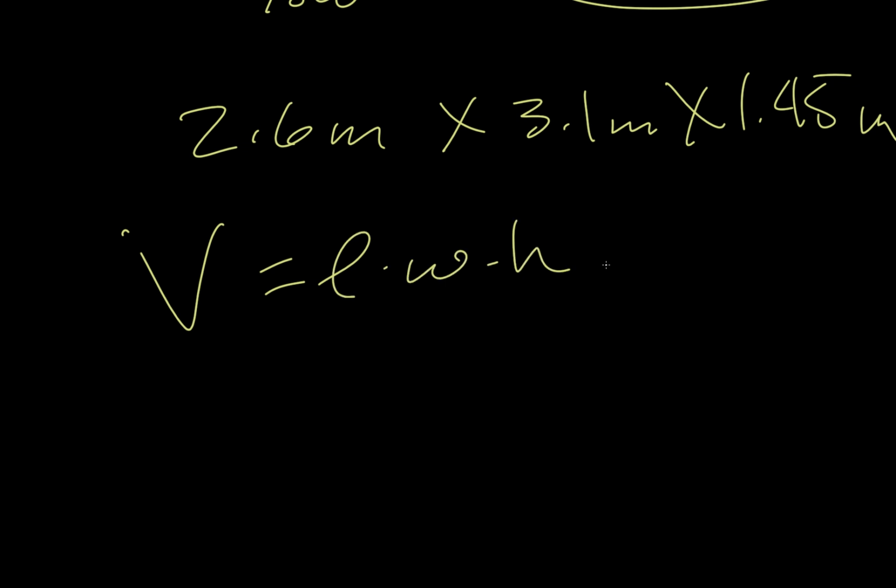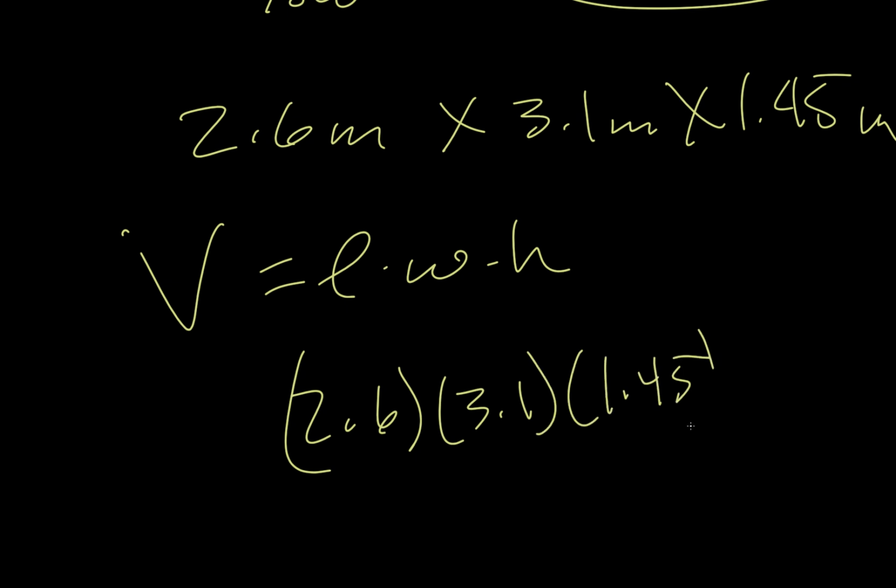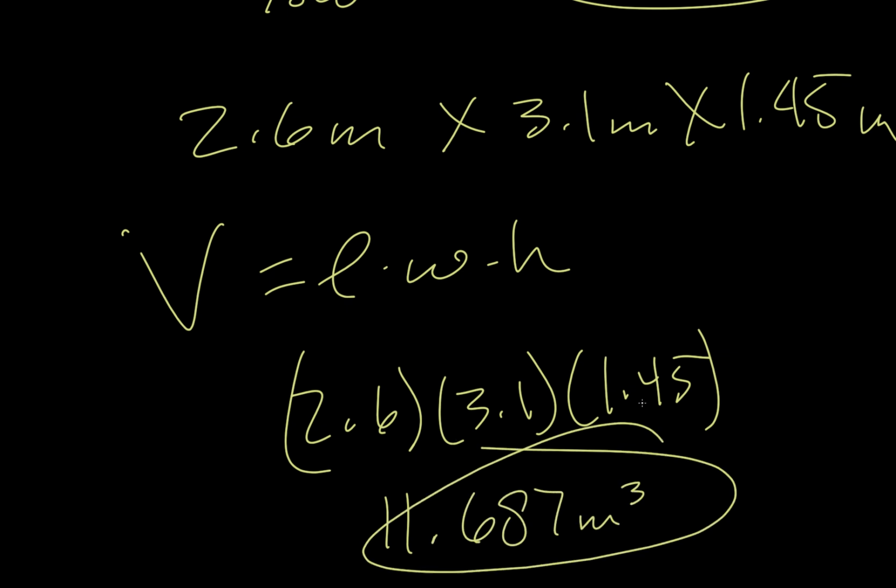If you feel like you need the picture, I'm just going to let you look in the book. And so we just plug these in. Put that in a calculator, and we end up with 11.687 meters cubed.